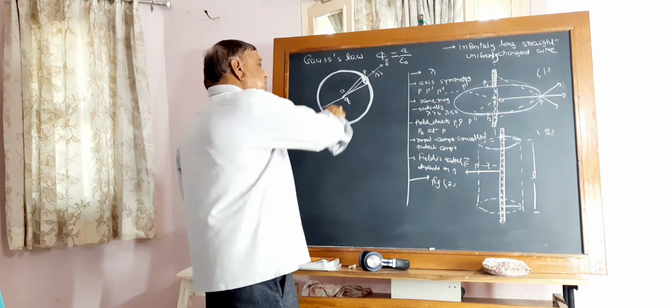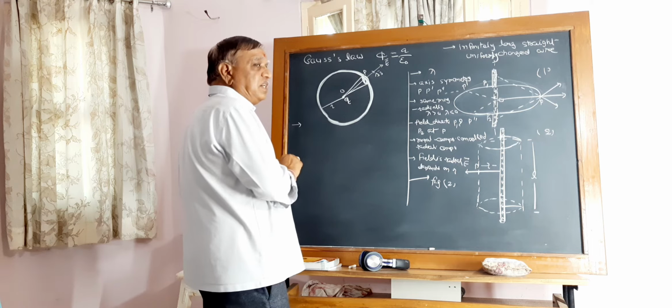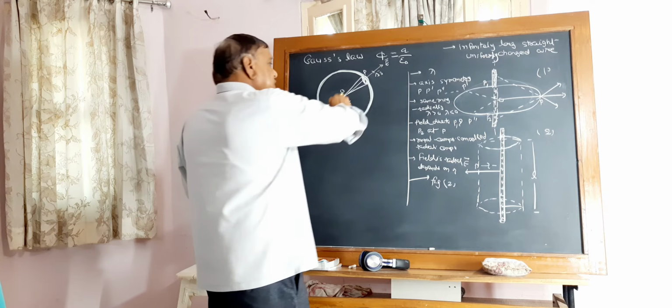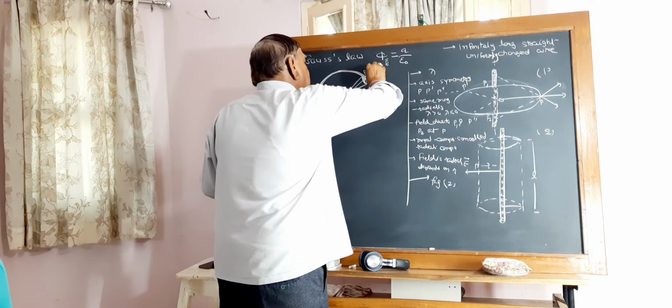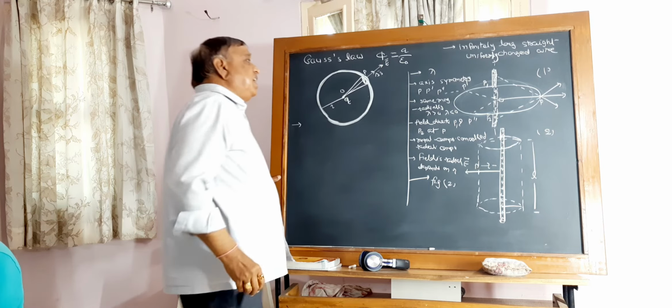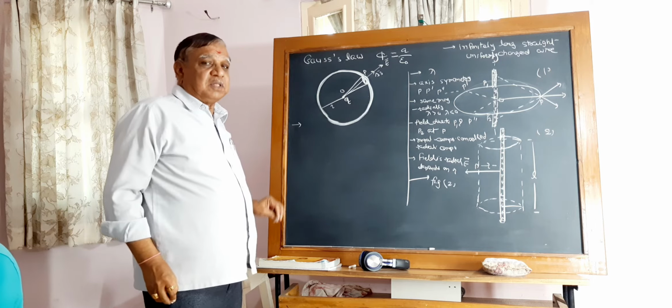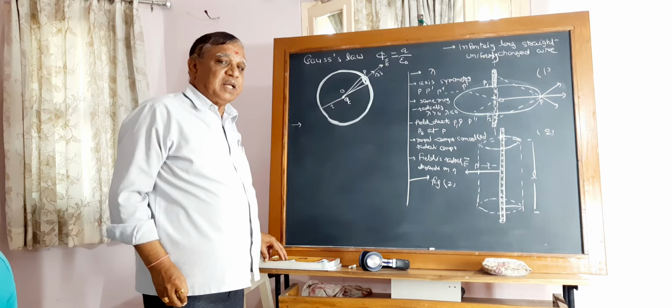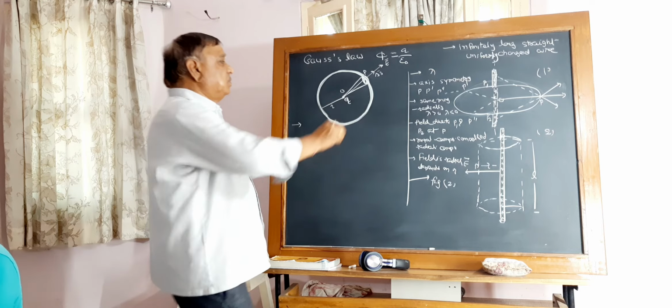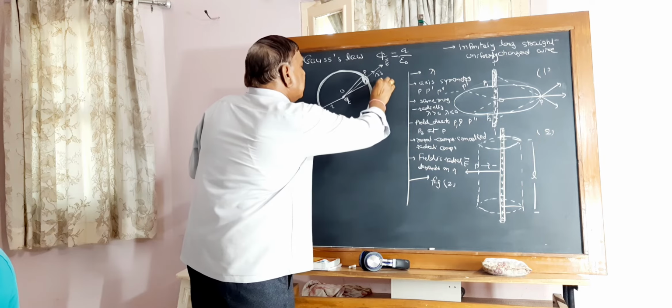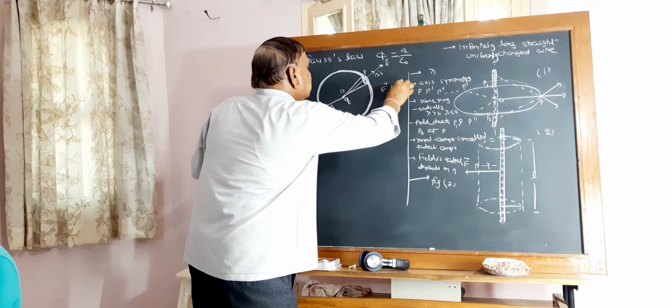And as you know, field due to point charge, if positive, then radially outwards, means here E and delta S both are in the same direction or parallel to each other. So E parallel to delta S.